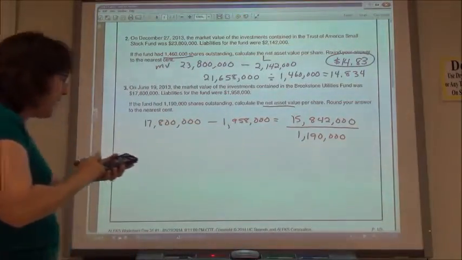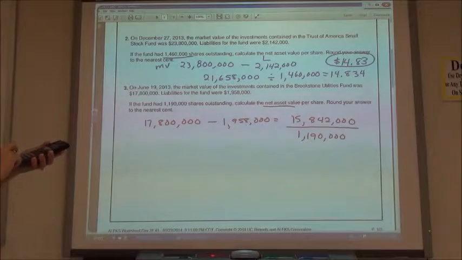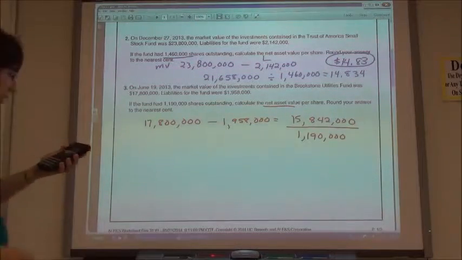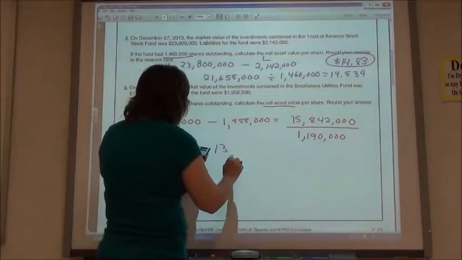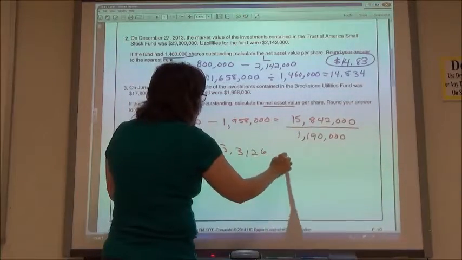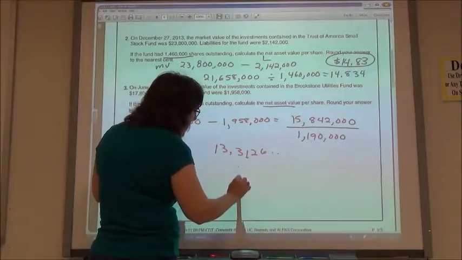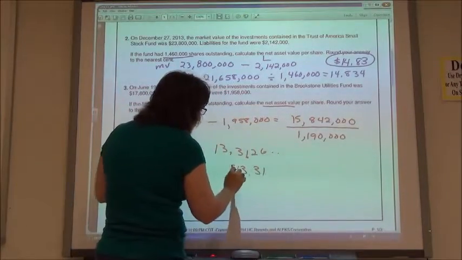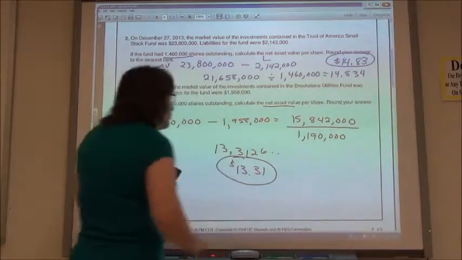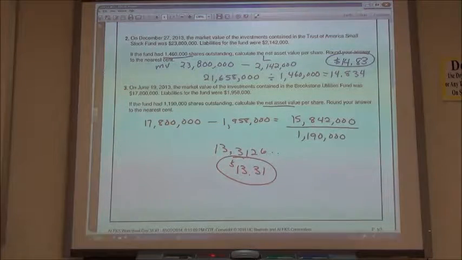So dividing that by 1,190,000, we get 13.3126 and so forth. Rounding that off to the nearest cent, there's a 2 behind there, so $13.31 would be my answer, rounded off to the nearest cent.